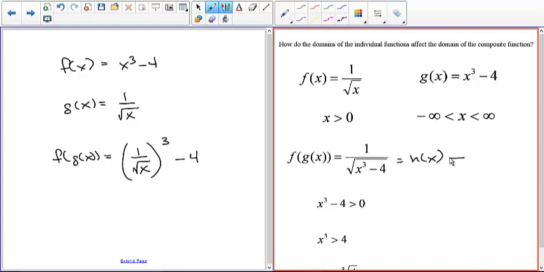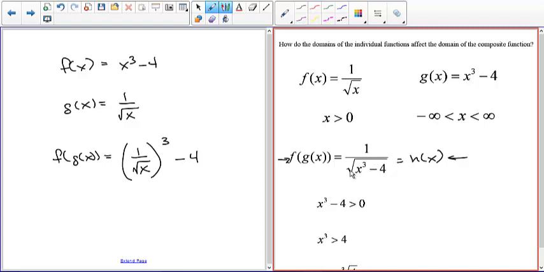The domain of this function, h of x, is going to be different than the domain of the original functions, because you have to reflect the domain of the original functions into the domain of the composite function.